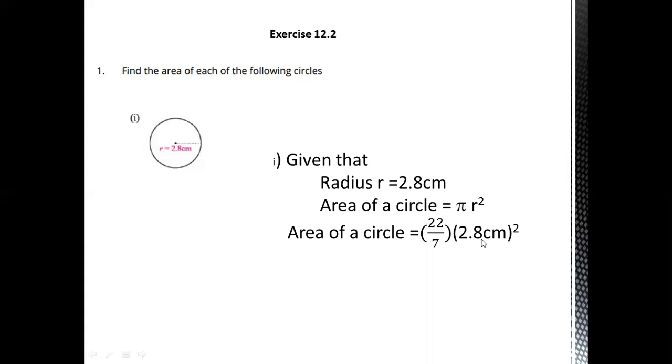You multiply it 2 times, means 2.8 multiplied with itself. 2.8 multiply 2.8 and then multiply with 22 and divide by 7. So you get 24.64 centimeter square. Why centimeter square? Because this square is present on 2.8 and also present on centimeter. So this square will come on centimeter also. So you get the area of a circle.